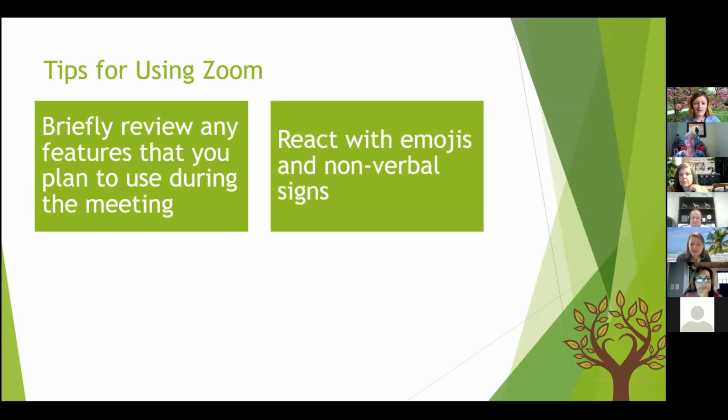You can also indicate that you need a break, or if you need to step away, you can click away. Those are all nonverbal ways to indicate what you're thinking during a meeting if it's a huge meeting and there are too many people to all talk at the same time. And Sandy demonstrated a lot of those reactions for us.